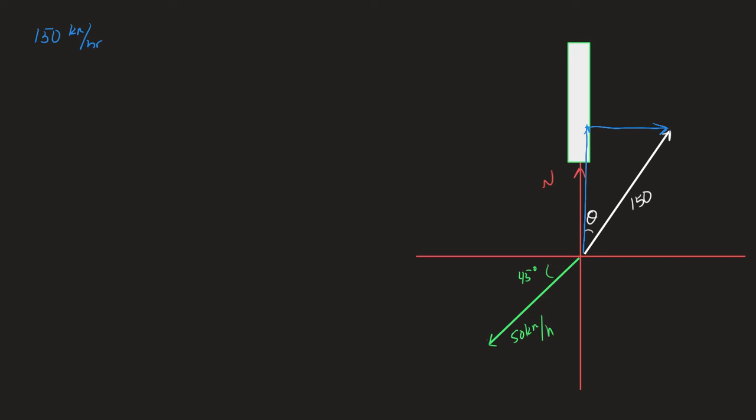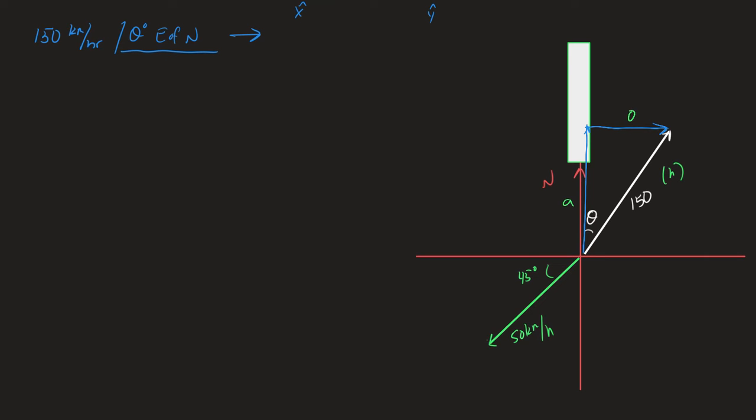Maybe. There we go. And it's theta degrees, in this case, east of north. And I'm trying to convert it to something in the x direction and something in the y direction. When I look at that triangle over there, I say that this is the opposite side, this is the adjacent side, this is my hypotenuse.